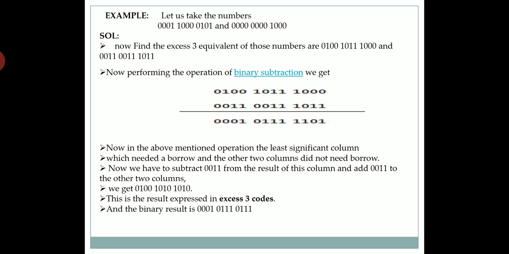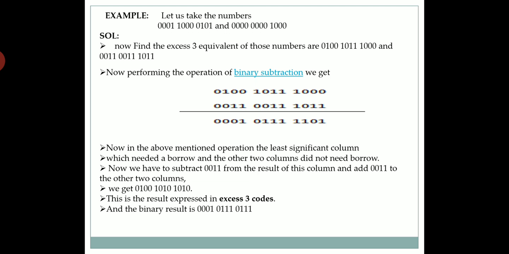For example, we are taking two binary numbers for XS3 subtraction. In this example, first of all, we convert the given binary numbers into XS3 codes. That means we add 0011 to each 4-bit group. In step 1, we split the given binary numbers into 4-bit groups. Then we add 0011 to the given binary numbers. Then we get the XS3 code of the given binary numbers. And again, the second number is also converted into XS3 code.